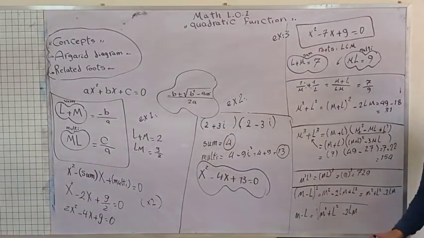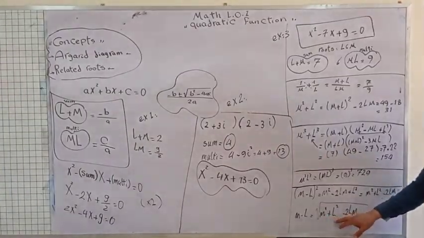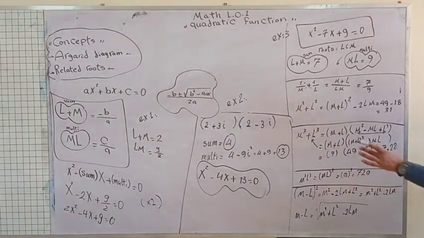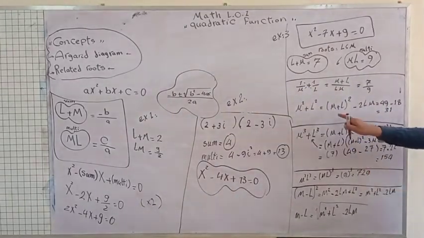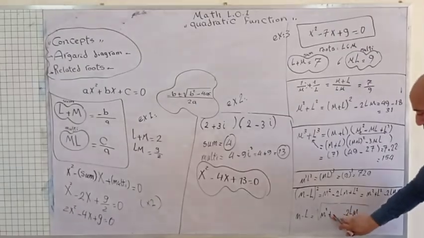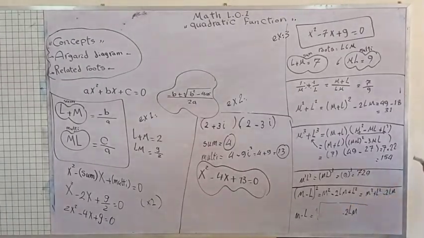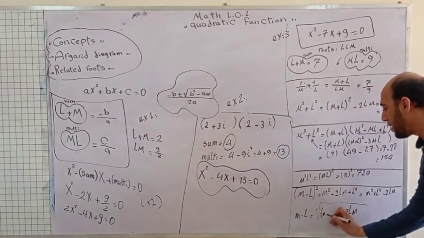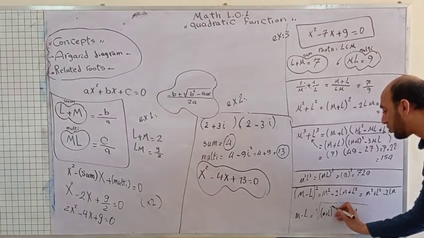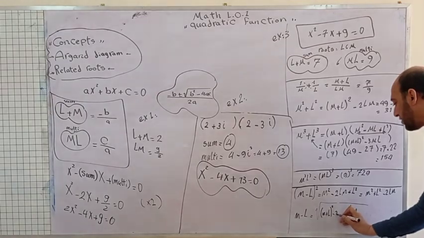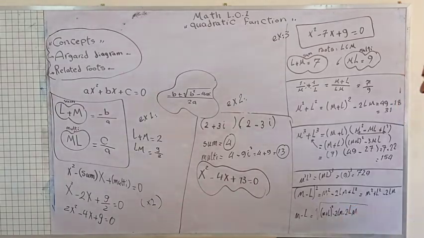These values are known, m square and l square. How can we get them? We make a law for them. M square plus l square, we eliminate and substitute with their value, which equals m plus l all square minus 2lm.